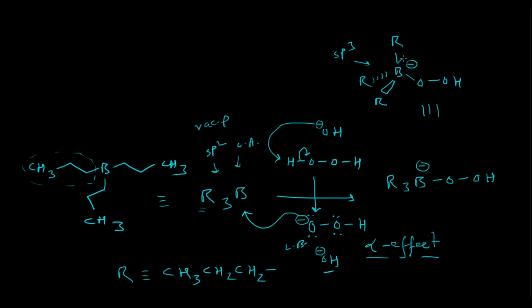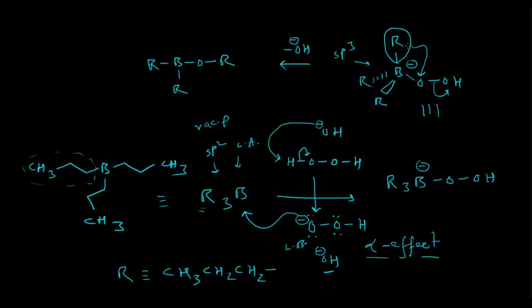For that reason, one of these 3 R groups will migrate to this oxygen atom, and this peroxide bond will break, and OH minus will leave as a leaving group from this system, and this will generate this species.